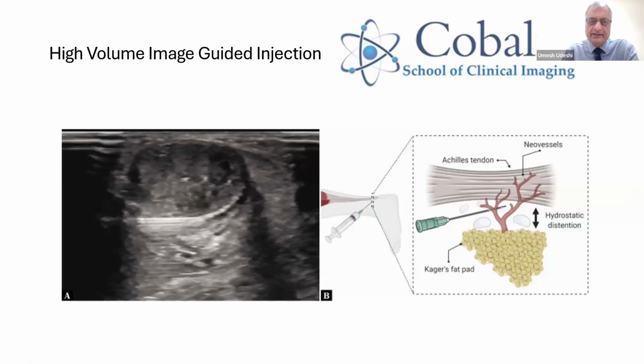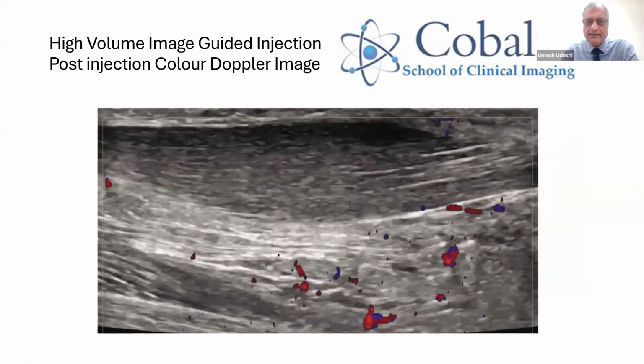And what happens immediately afterwards is here's a post-injection image, and all that color flow that you saw on that first image I showed you has been effaced, has gone. It's not there anymore because the treatment is supposedly said to disrupt the neovascularity, the new blood vessels, feeding increased blood flow into the tendon, and also the nerves which grow into the tendon, which may be giving rise to the symptoms.